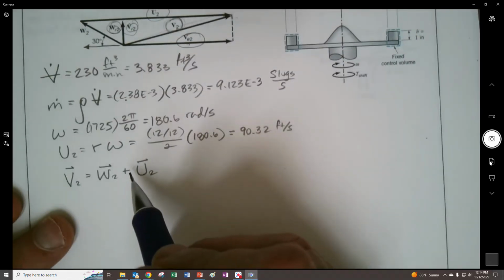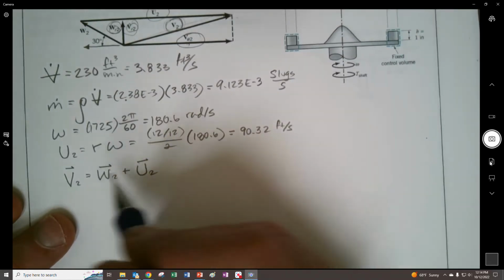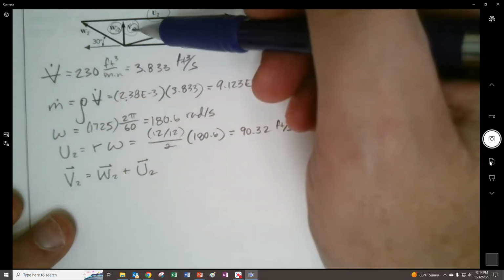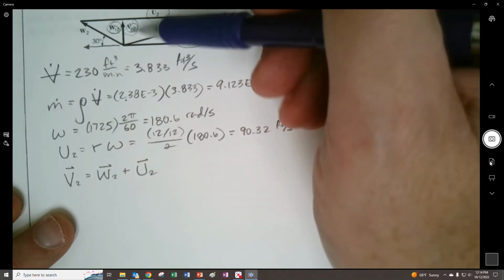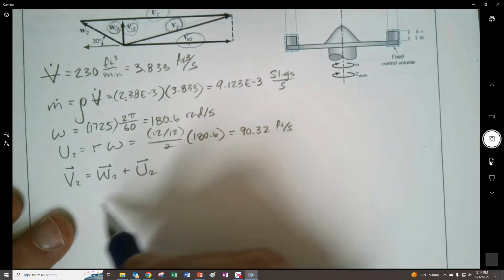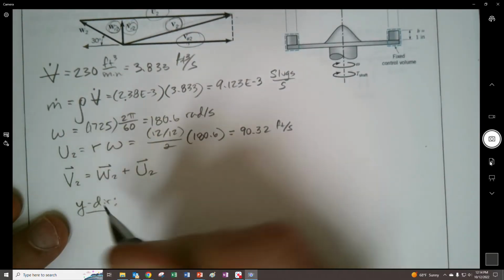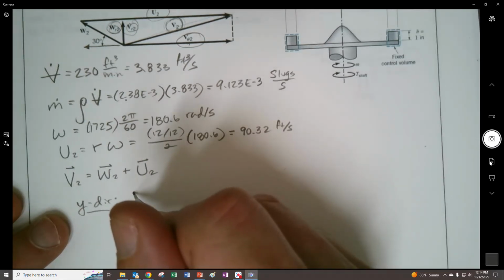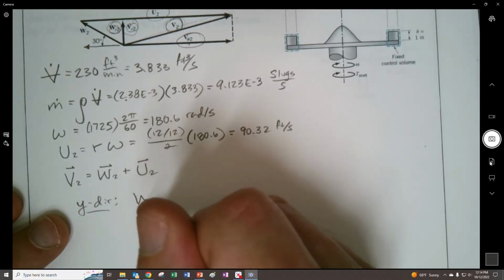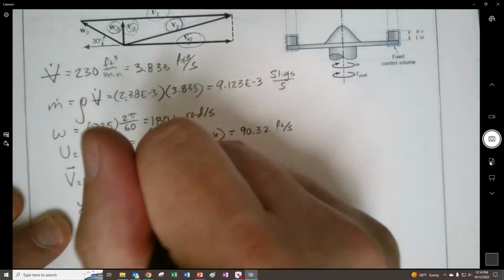Okay, so let's go. I'm going to do the y direction, and I can find my VR in here. So we're going to focus in on the y direction first. And my W, let me see, let me go the other way.